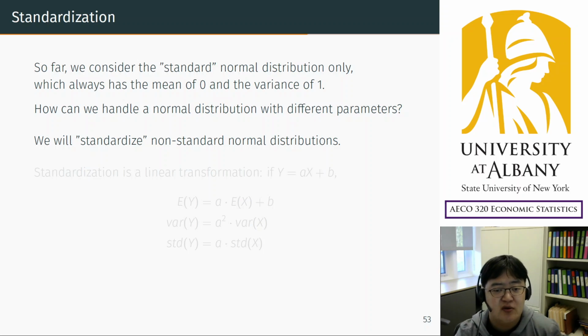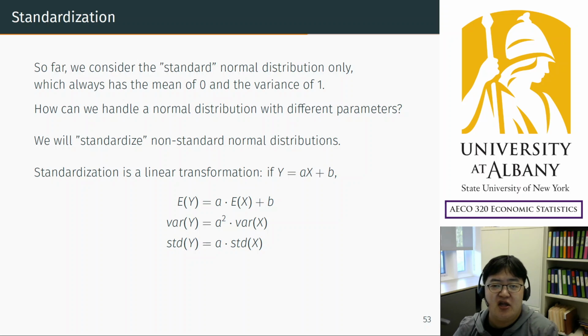So what we are going to use for the standardization is the linear transformation results we learned in chapters 3 and 4. So remember, suppose that x is the original random variable, and say that y is the transformation of the original random variable, but the transformation is linear.